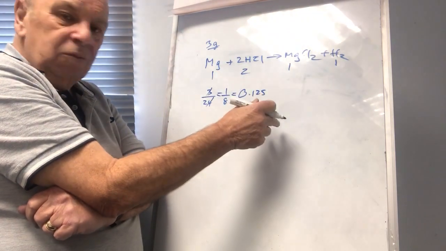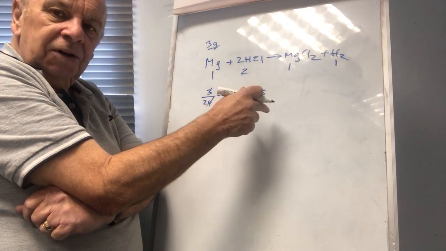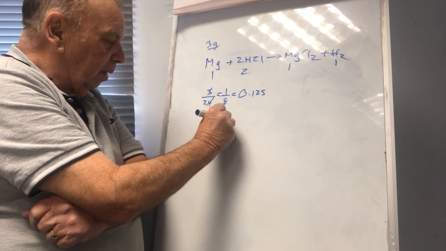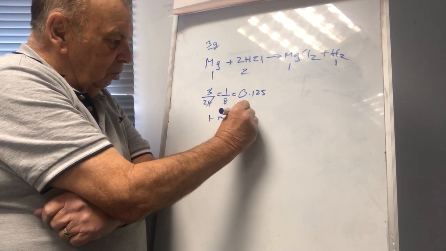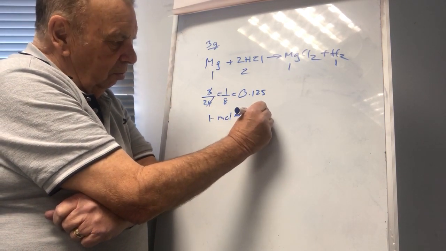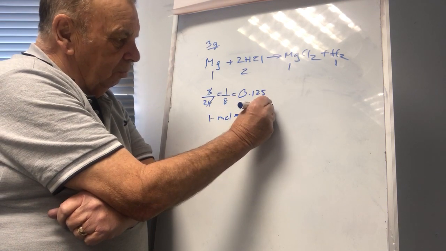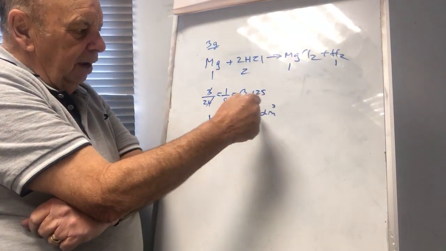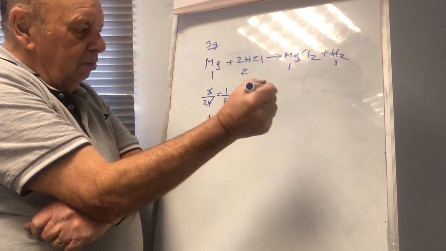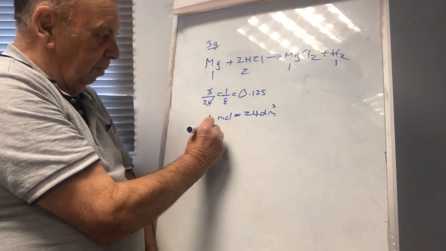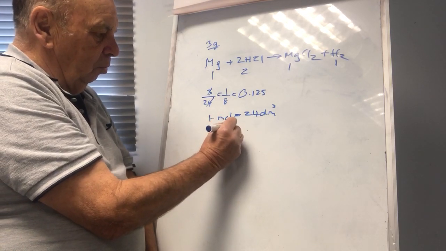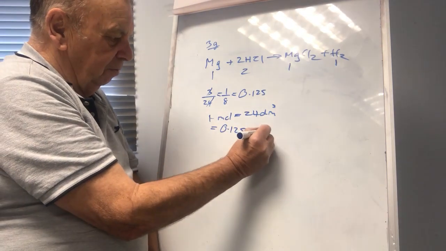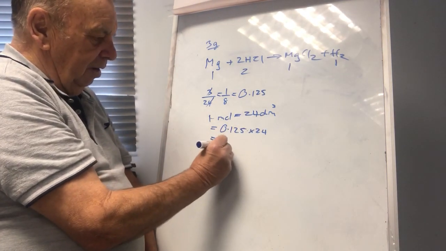What volume would it occupy? I know this, that 1 mole occupies 24 dm cubed, so therefore it's going to be an eighth of that. 0.125 is an eighth, times 24 is equal to an eighth.